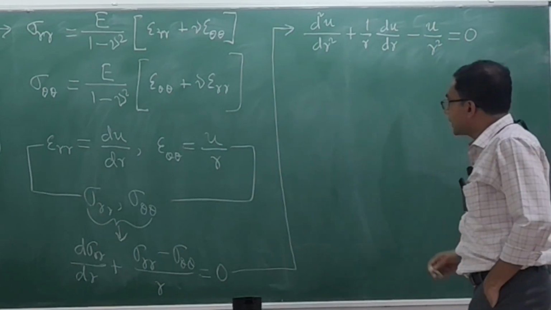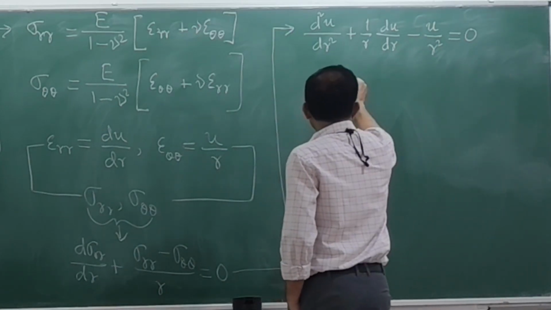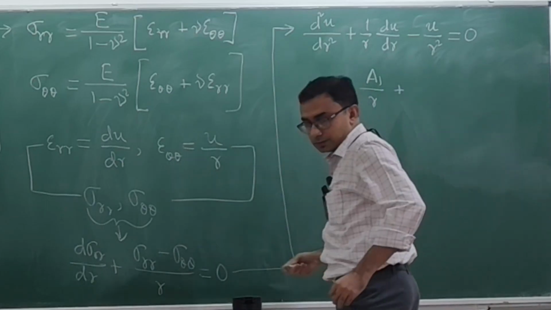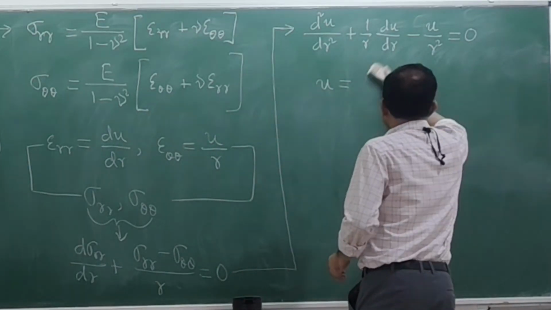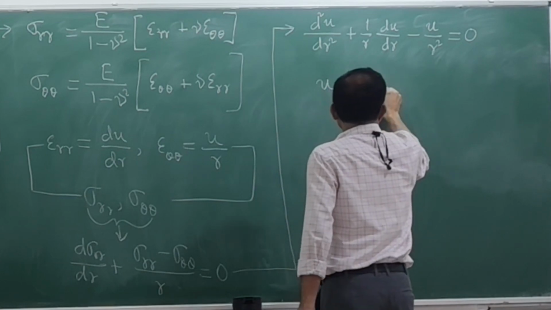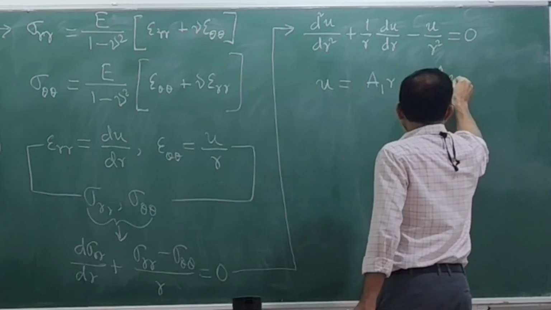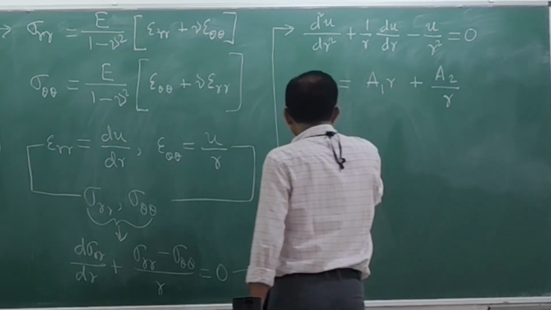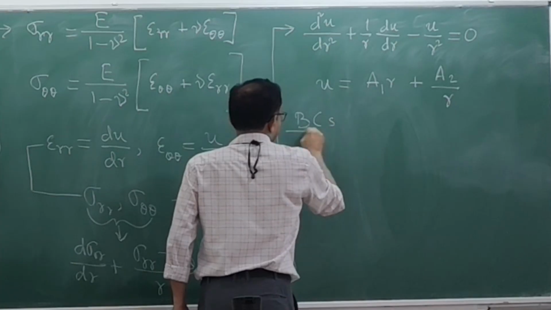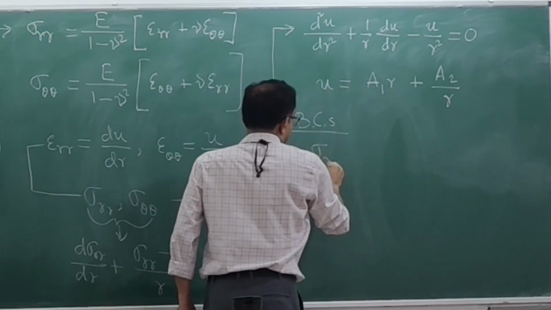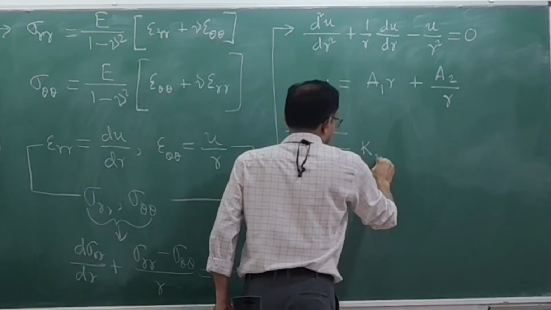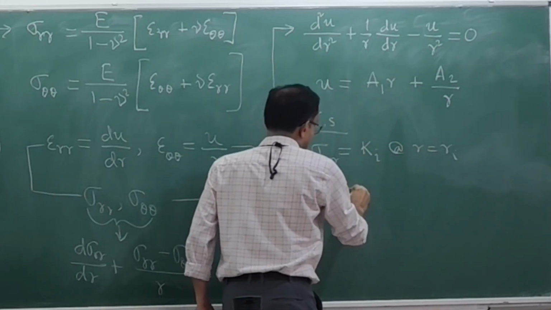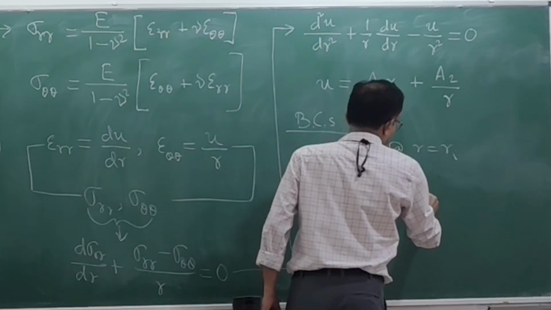All right. So once you get this, again you are going to get the solution as A1 R plus A2 by R. And then from here, you are going to utilize the boundary conditions that sigma RR is equal to Ki at R is equal to Ri, and sigma RR is equal to Ko at R is equal to Ro.